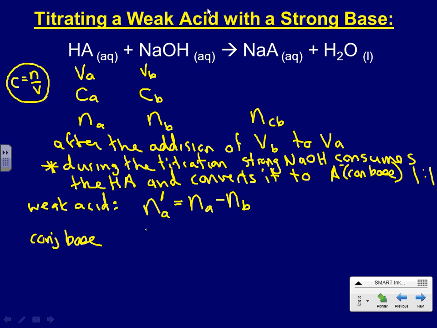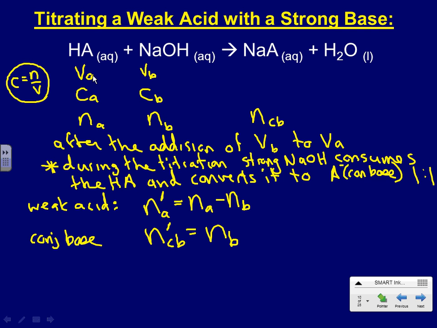So the number of moles of conjugate base afterwards is actually equal to the number of moles of base added, because for every mole of base added, it reacts with the acid and turns it into the conjugate base. Now, why am I going through all of this?